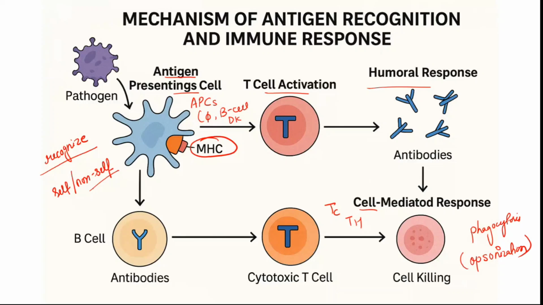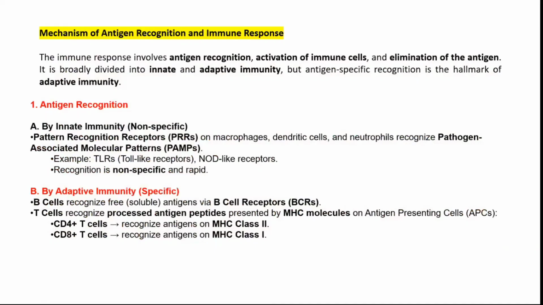So this is an overall overview of how our body recognizes antigen. It can recognize directly by the B cell, or it can recognize by T cell activation. So just a minute. Yes, this was the recognition part. CD4 plus T cells always recognize antigen on MHC class 2.